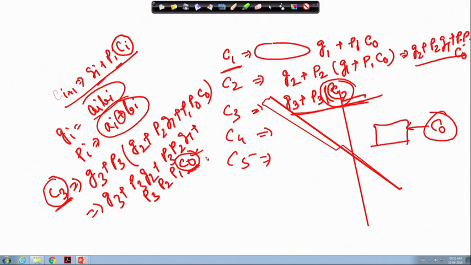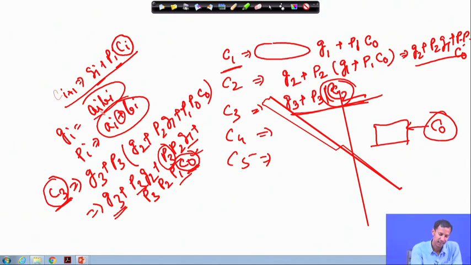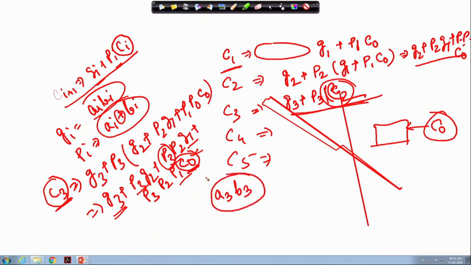And for G3, P3, P2, G1: G3 is nothing but A3 and B3, so it depends on the current input, and P3 is nothing but A3 XOR B3.